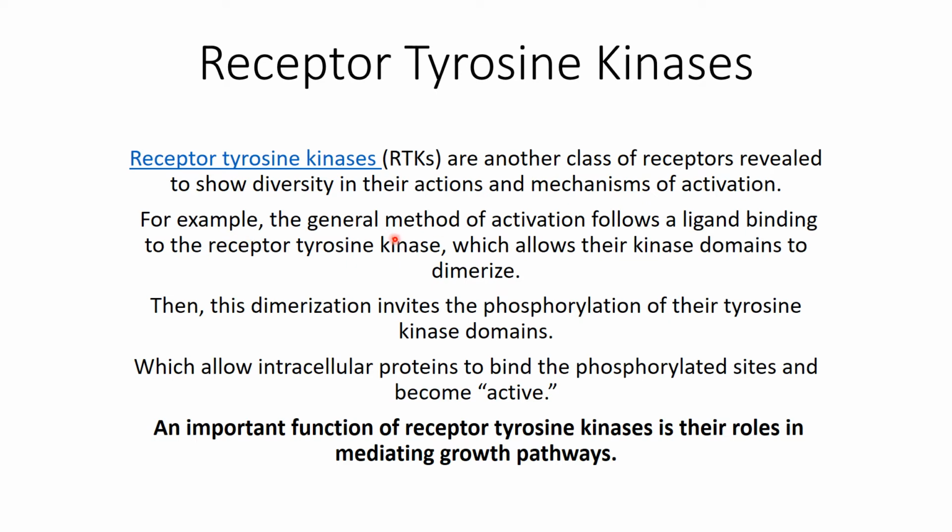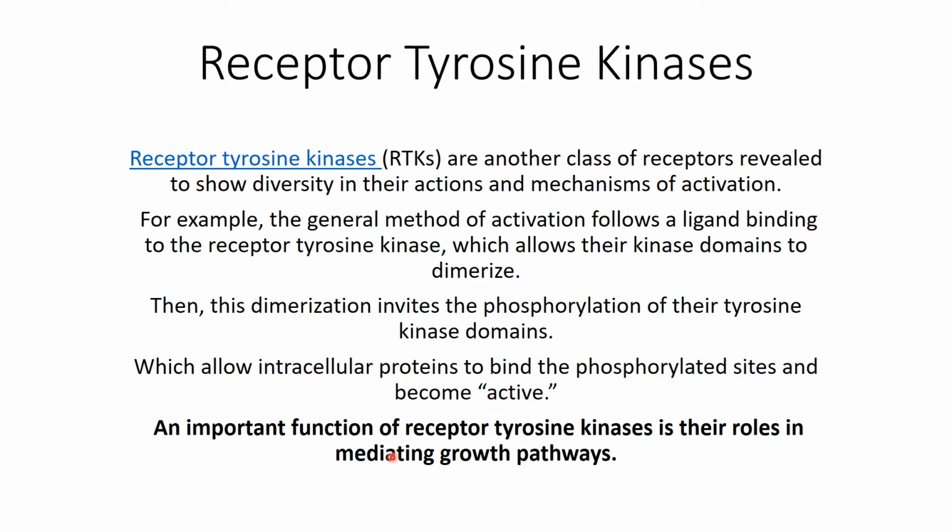For example, the general method of activation follows a ligand binding to the receptor tyrosine kinase, which allows their kinase domains to dimerize. Then this dimerization invites the phosphorylation of their tyrosine kinase domains, which allows intracellular proteins to bind the phosphorylated sites and become active.